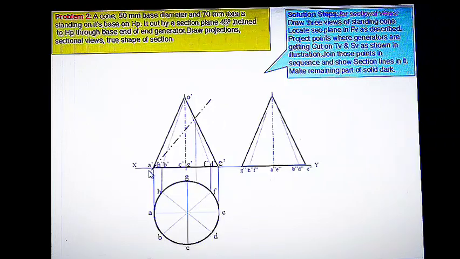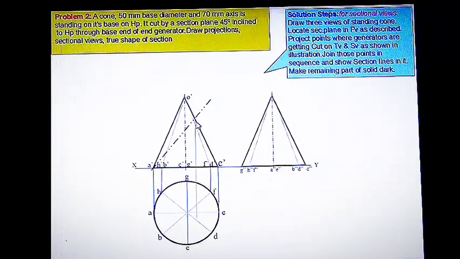Now we can get the intersecting points with these generators, and these intersecting points can be identified by drawing these generators. For that purpose we already named these generators, and these intersecting points can be projected downward.